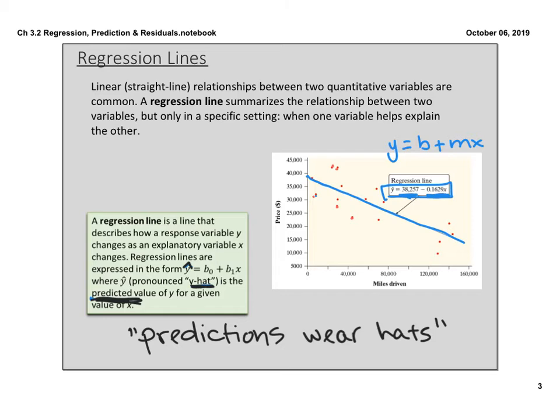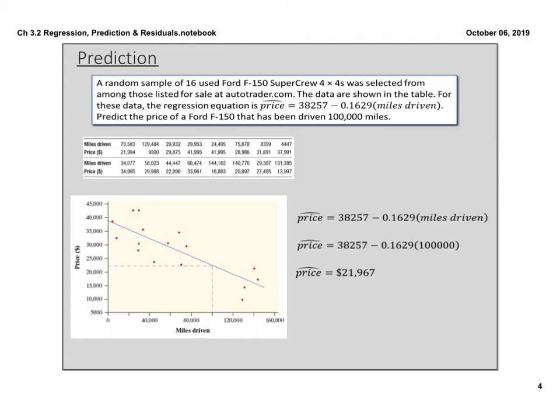You can see that on this blue line, almost none of the data points fall directly on the blue line. Maybe this one right here, but that's really about it. Everything else is off the blue line. So the blue line isn't giving you the exact results of the data set. What it's giving you is a close prediction.